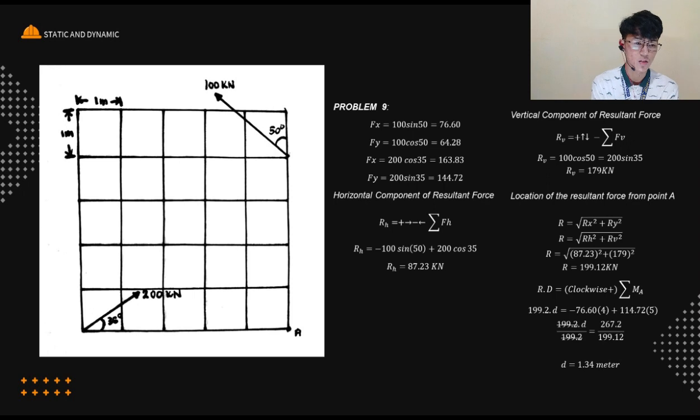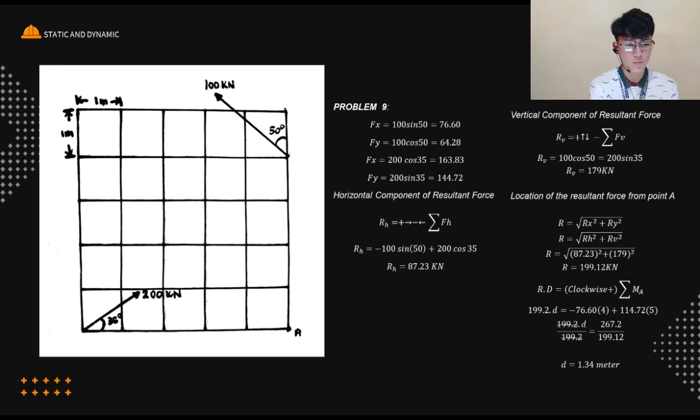So equals negative po dahil counterclockwise yung 76.60 times 4, which is yung distance niya from the A, and then plus 114.72 positive dahil clockwise times 5 na distance, and yun na yung ating equation.